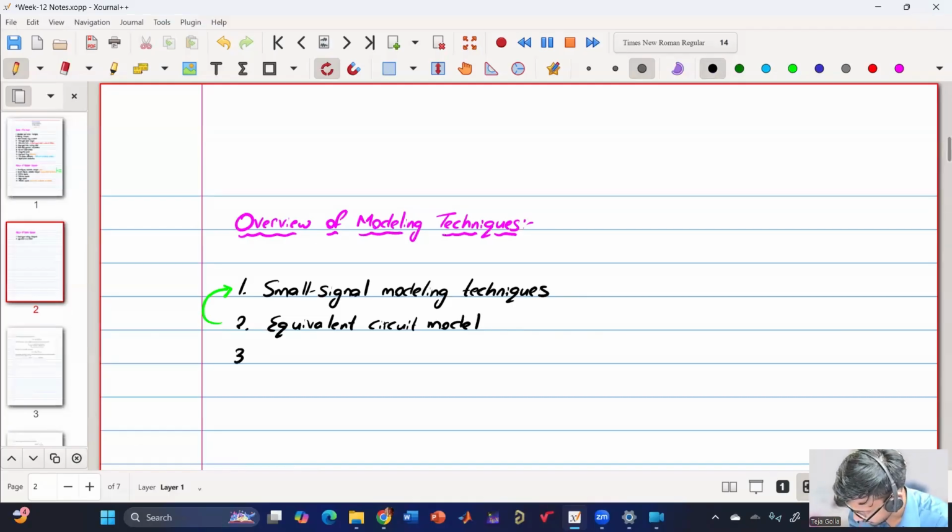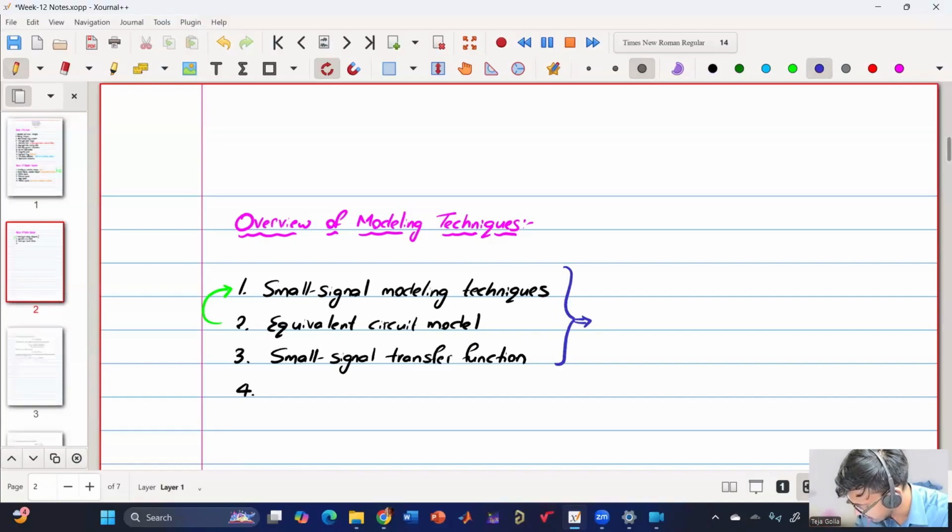And then we obtained the small signal transfer function from this small signal model, and we used it to design the controller. So all these were used for controller design using the small signal model.